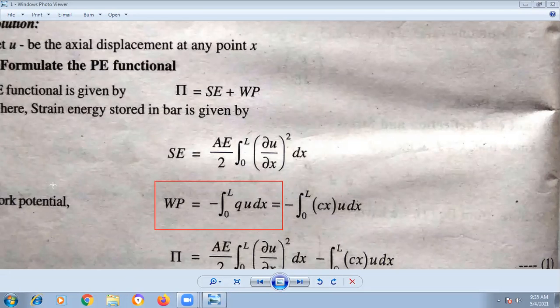Q is the force given, that's equal to Cx, into U is the displacement due to force with respect to x. So is the problem clear to everyone? Yes, sir. Okay. So can we move to the next problem? Yes, sir.